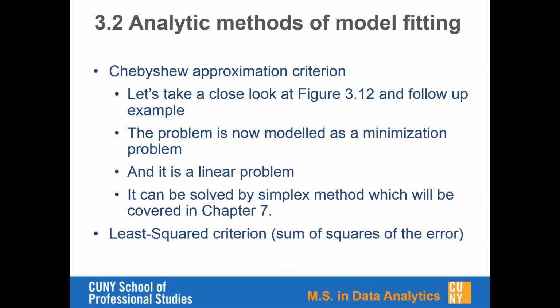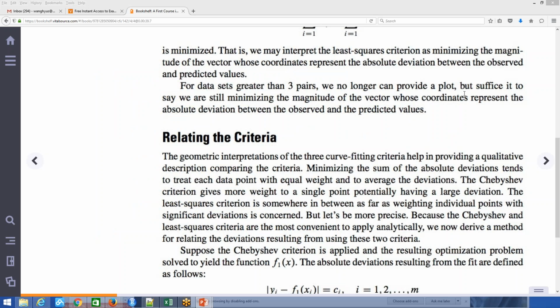Neil was asking whether in regression we minimize based on the absolute value of the largest residual. It's really not the Chebyshev method. In regression, we minimize based on the sum of squares of the error, which is exactly the equation that I just showed.